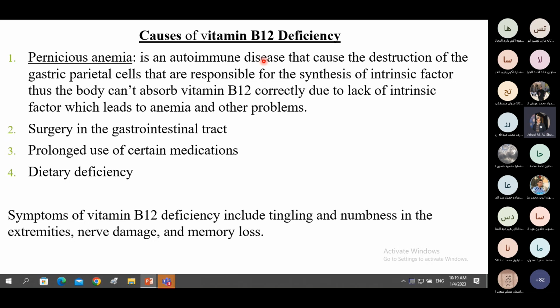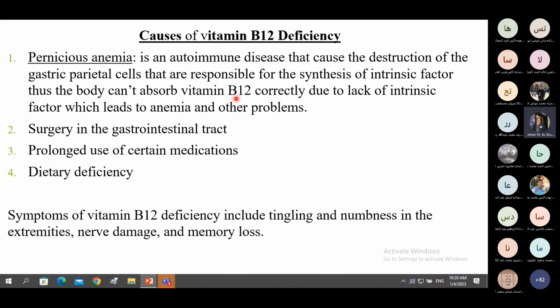If you remember, a few minutes ago we said that the intrinsic factor produced by our gastric parietal cells is very important for the absorption of vitamin B12. It binds to the receptors in the small intestine, and this is what facilitates its absorption. Without intrinsic factor, our body can't absorb B12.